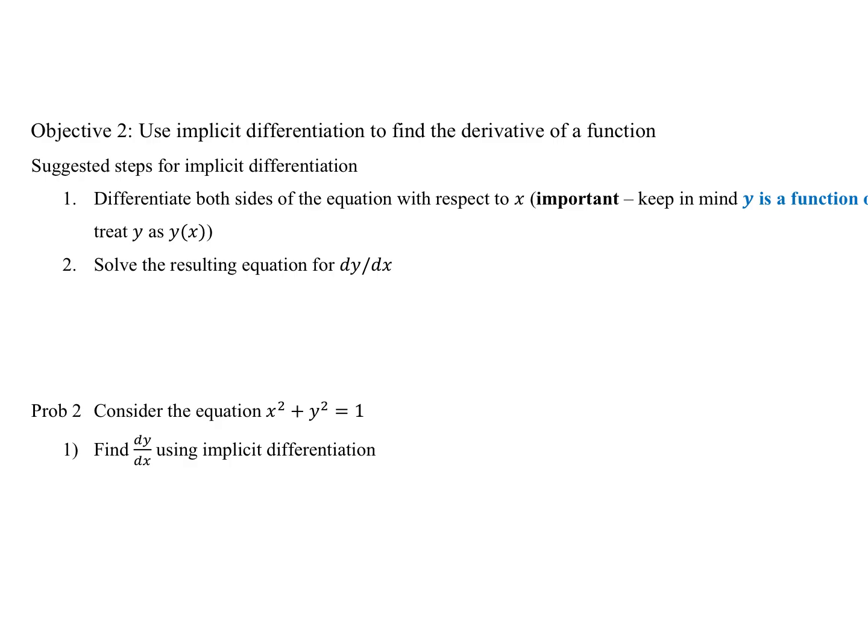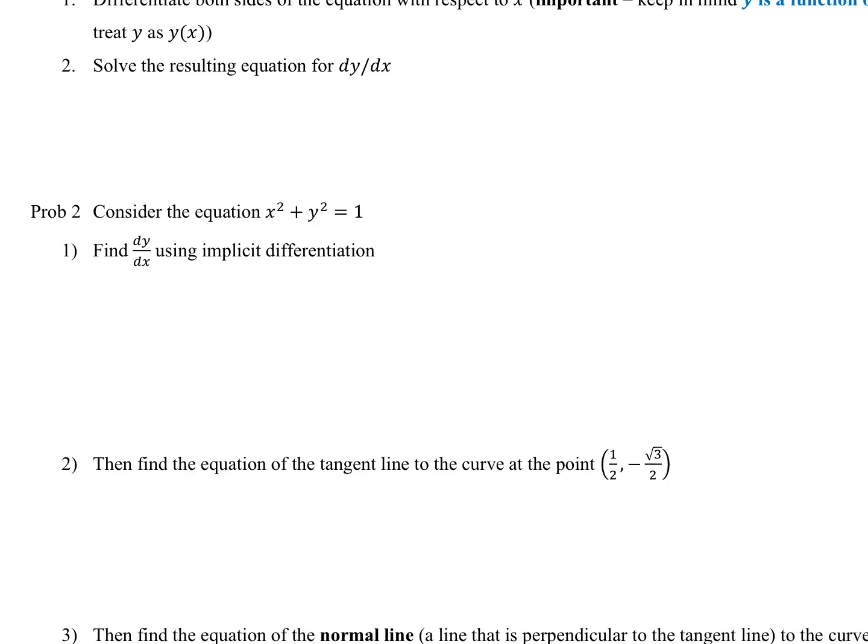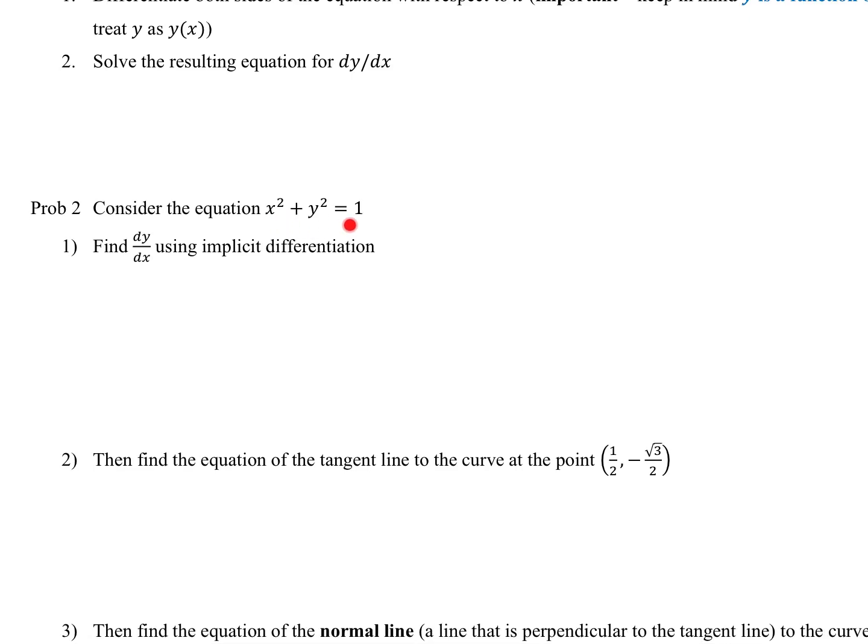Let's look at this example here. Consider this equation, x squared plus y squared equals 1. By the way, this actually is a unit circle, right? And let's find dy dx using implicit differentiation. You may wonder, okay, I actually can solve for y and then take the derivative using the explicit form.